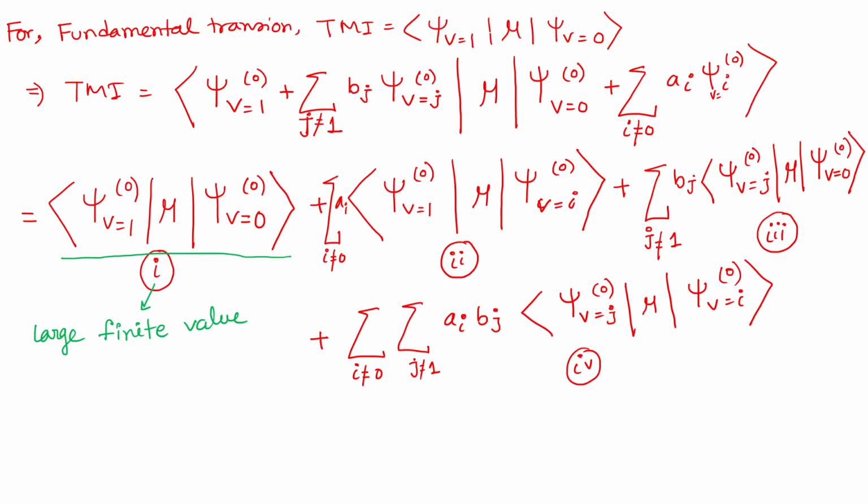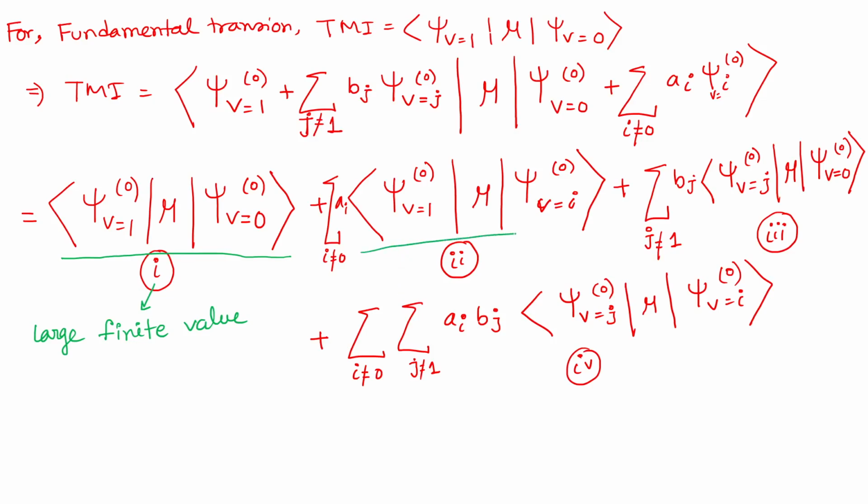Population is the same for v equals to 0, so I cannot compare in terms of population. I only have to compare in terms of the transition moment integral. So that assumption is not required.